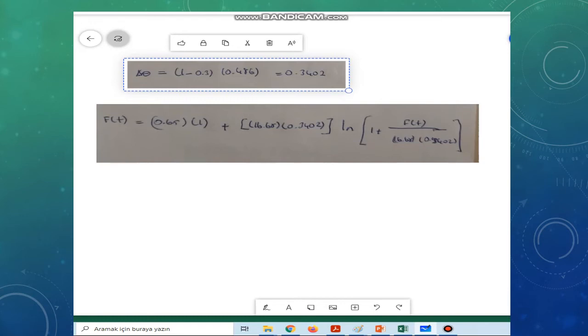In order to do this, I start with a given cumulative infiltration, Kt, which is 0.65. I will just give 0.65 and then I will check what is going to be for F(t) here.